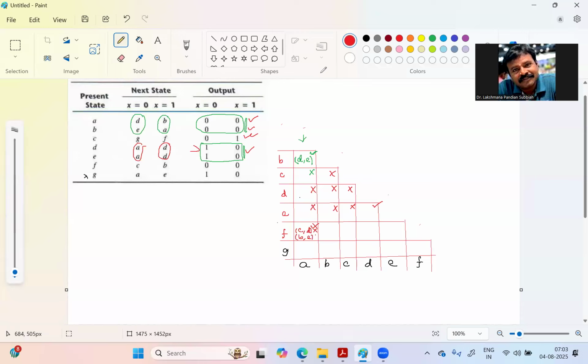Then we go for BF. B is 00, F is 00, so we can make a pair. Now you have to check.